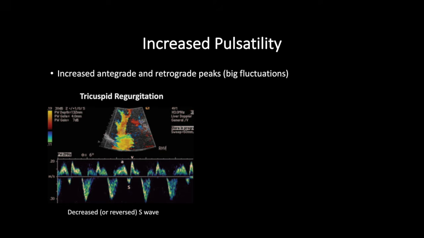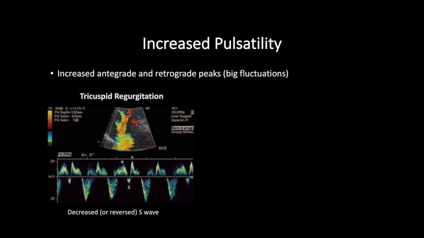So let's start with what would cause increased pulsatility or increased fluctuations. Well, as we mentioned earlier, what we're seeing in the hepatic veins is a reflection of what we're seeing in the right atrium. So things that are wrong with the right heart are going to make things very pulsatile. The two most common things that are going to cause increased pulsatility are tricuspid regurgitation and right heart failure.